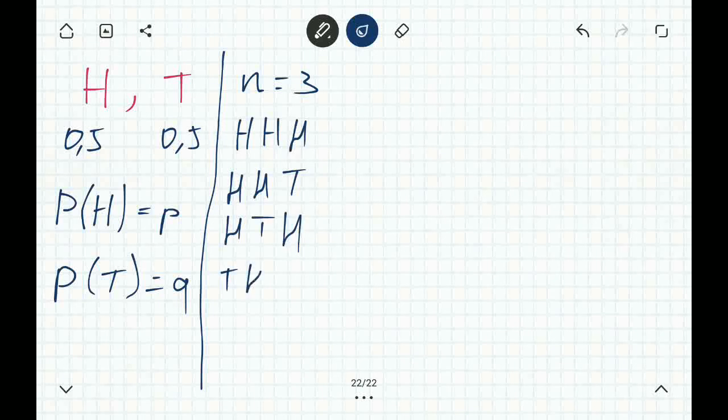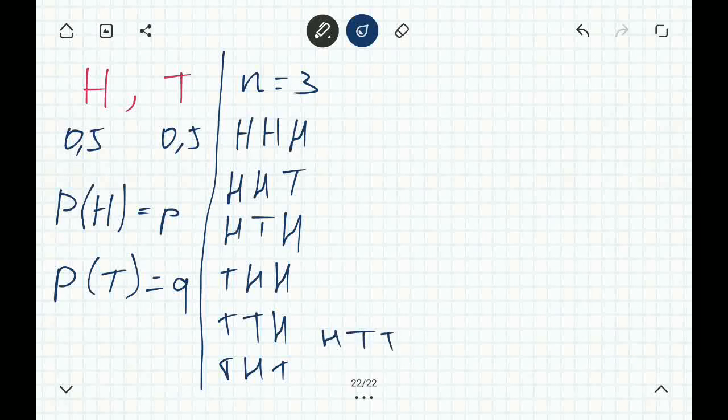Tail and 2 heads, or maybe tail, tail, and head, or tail, head, tail, and also head, tail, tail, or 3 tails. So, if you look at that, each of these outcomes is a random event.